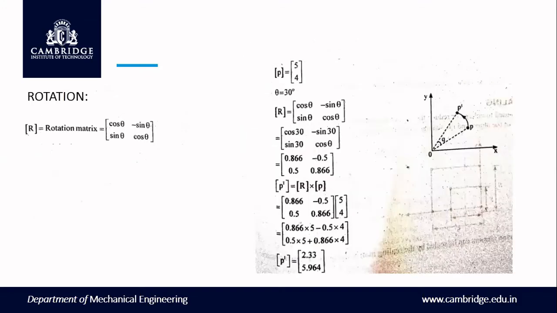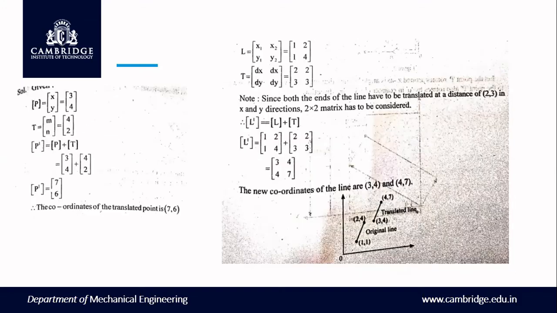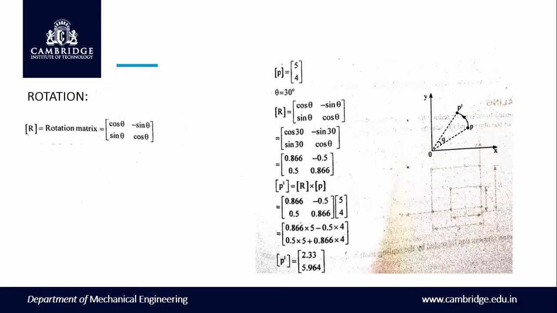The rotational matrix you have to write is cos theta, minus sin theta, sin theta, cos theta. Therefore the theta is given as 60 degree: cos 60, minus sin 60, sin 60, cos 60. Okay, cos 60 is 0.5, that is half, and then minus 0.866, 0.866, 0.5.